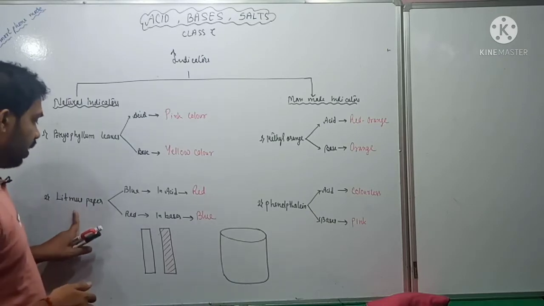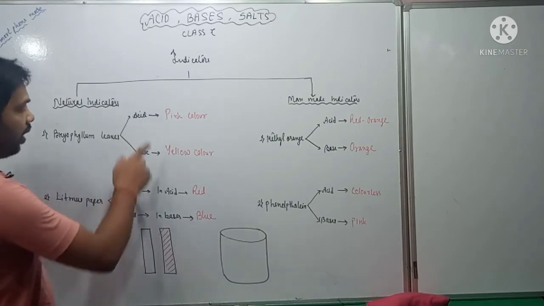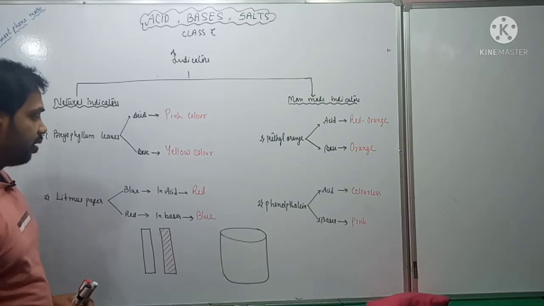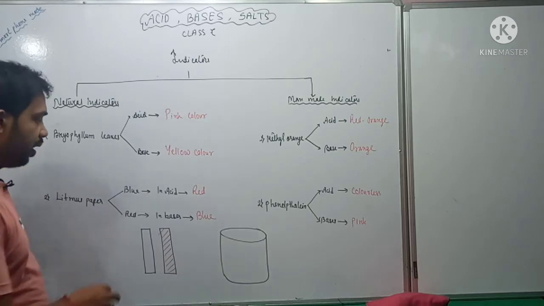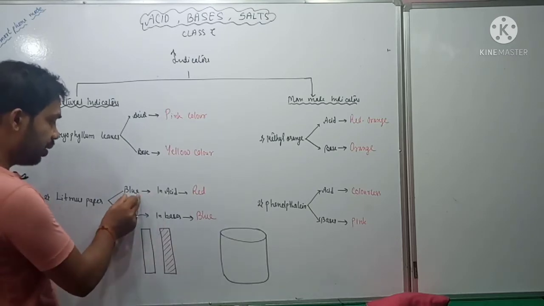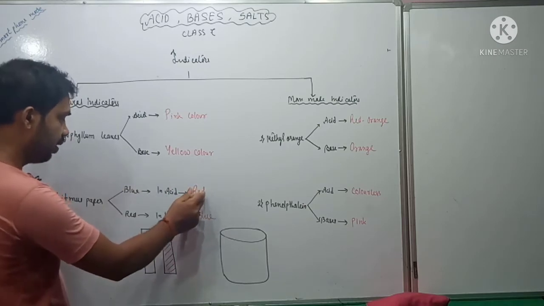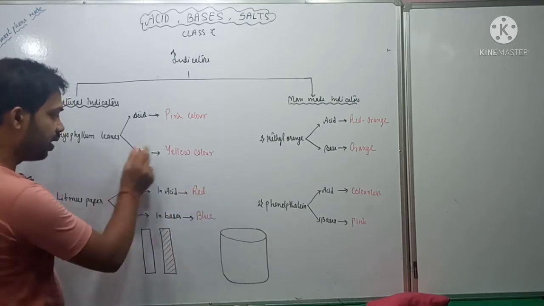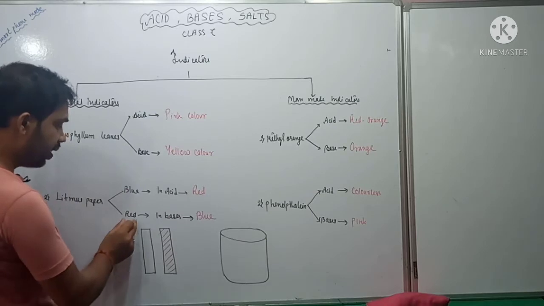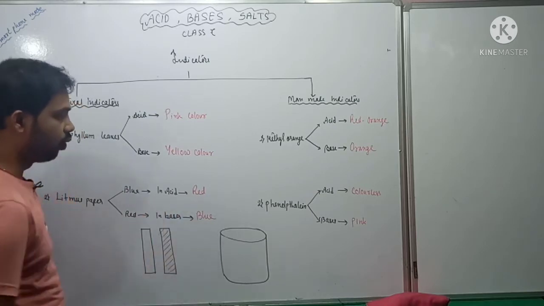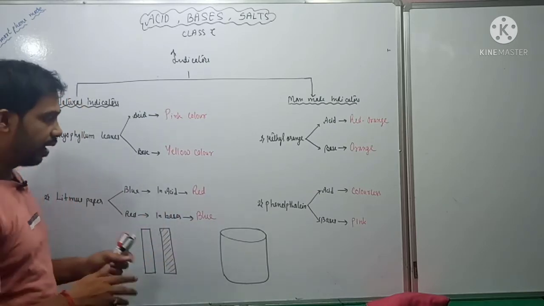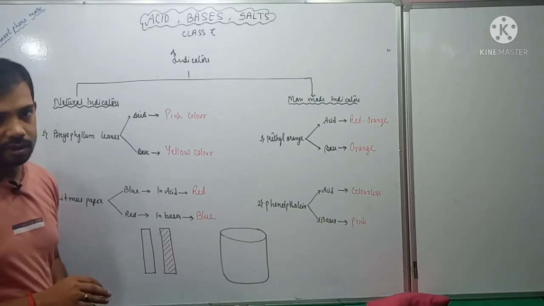In this way, litmus paper is used to find out whether the solution is acid or base. Remember, in acid the blue litmus changes to red, and in bases the red litmus changes to blue. The paper color will change, not the solution's color.